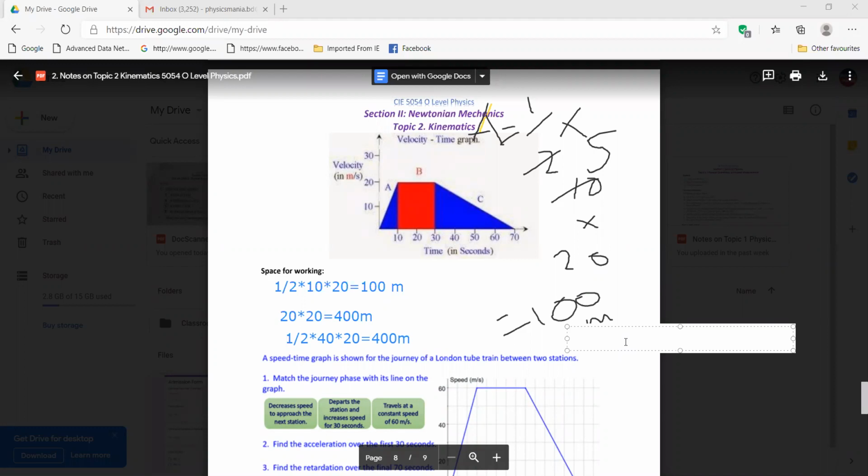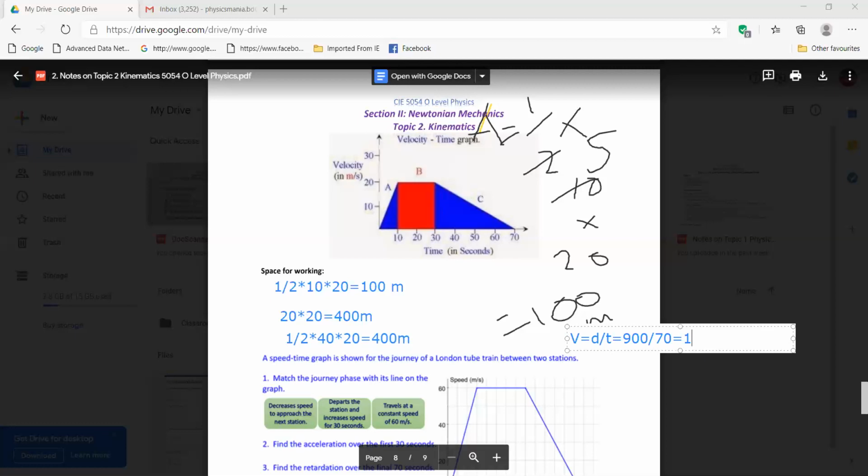Now, if I ask you to find the average speed for the whole journey, that's total distance divided by total time. So 900 divided by 70. Then what is the answer? 11.11, no, sir, it should be more than 11.